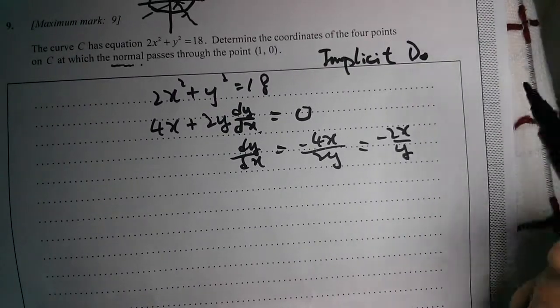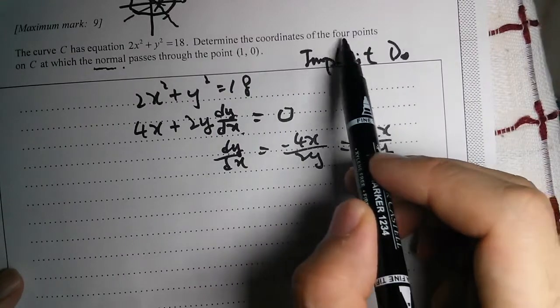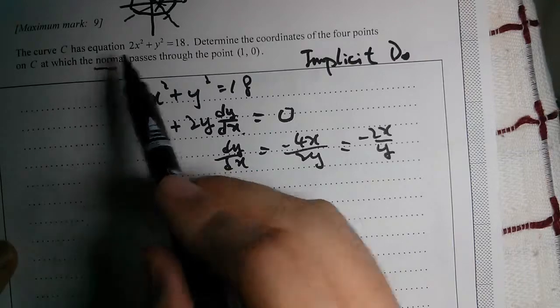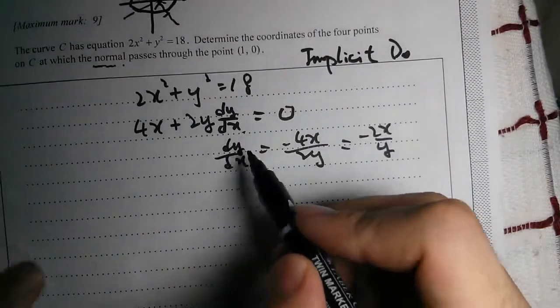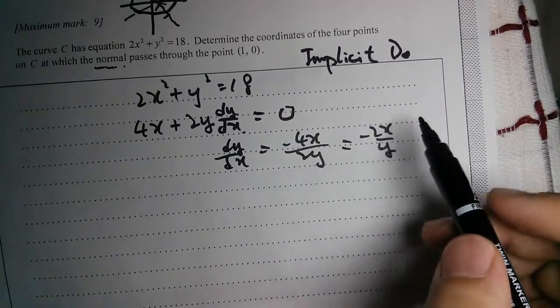Okay? Next, you're supposed to find the coordinates of 4 points on C where the normal passes through this point. From differentiation, you have found the gradient of the tangent, okay?